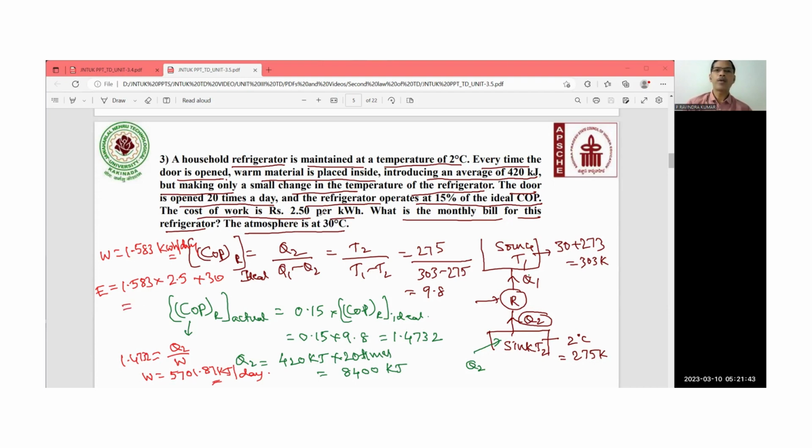So here it is 2.50 per kilowatt hour. Per kilowatt hour, you should not forget. So finally the charge you are going to get per month is 15.20 rupees, right?